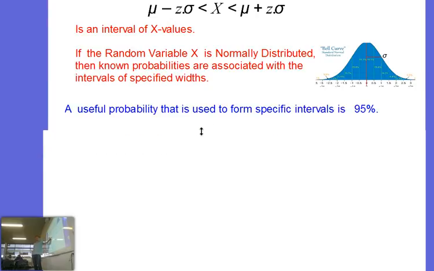Now, a useful probability that is used to form specific intervals is 95%. Why? It's just an arbitrary amount. So, in scientific literature, when they do research and they're trying to come up with the optimum amount of push-ups you need to do to get fit, they don't come up with one number.